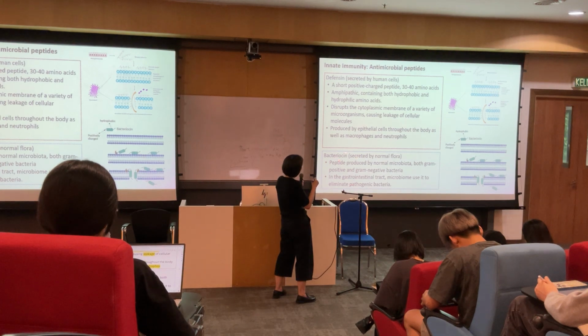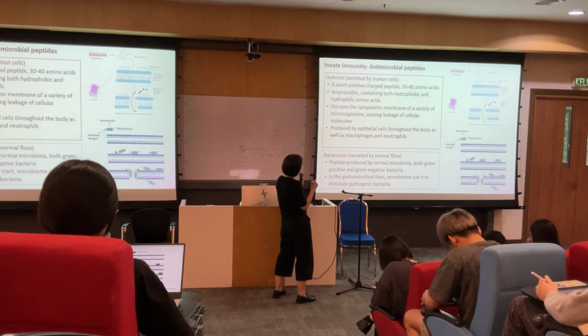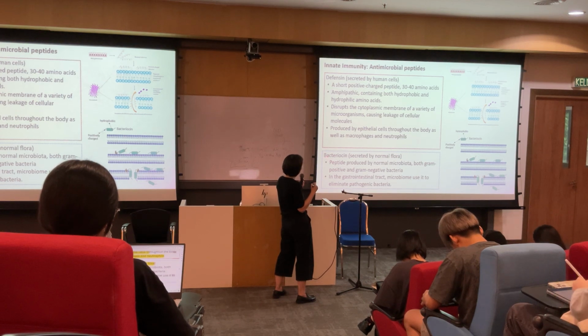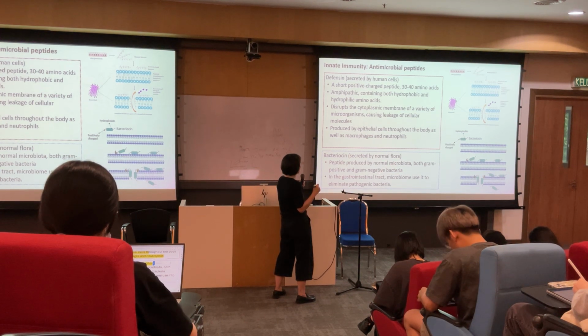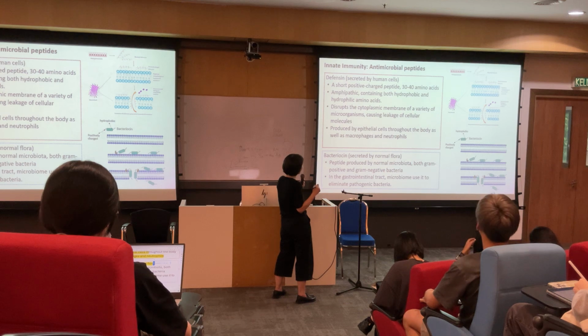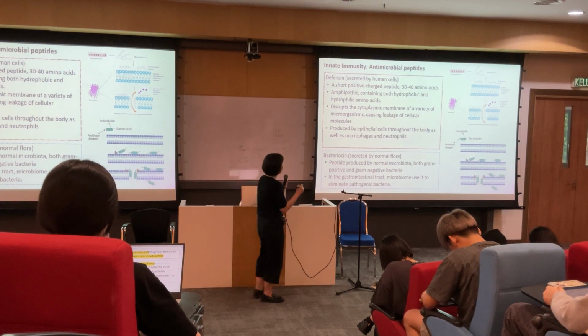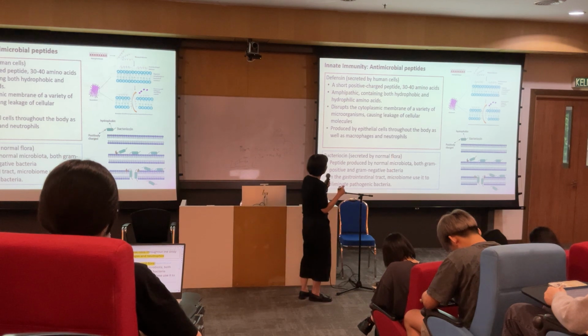The second one is not produced by human cells, but it's actually secreted by the normal flora. So this is secreted by our gut bacteria. Our gut bacteria can produce bacteriocin to kill other pathogens that are present in the gut. That's why we consider that the gut flora are good bacteria.